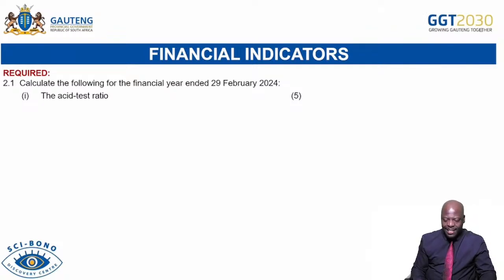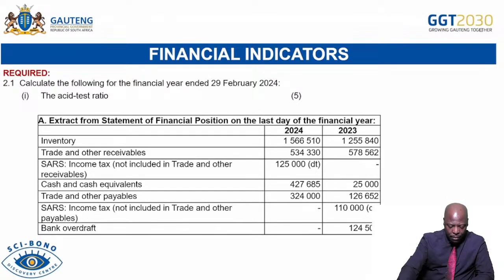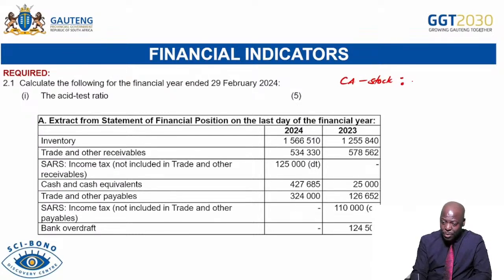So the first one is the acid test ratio. Now, with the acid test ratio, let's see if we're given any information. This is the information that we're given. Remember the formula is your current assets minus your stock, that is your inventory, as to your current liabilities.